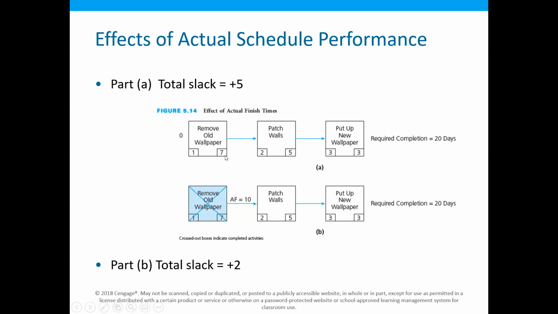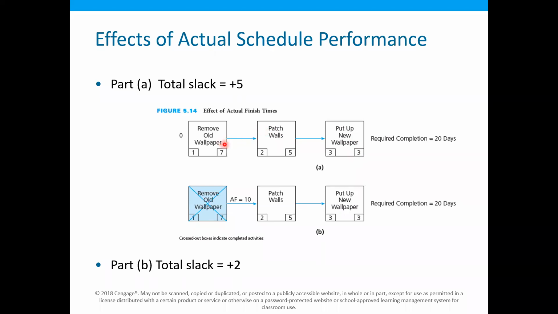However, if we perform these activities in succession, the first activity takes 7 days, the next activity takes 5 days, and the next activity takes 3 days. So in total it will take 15 days. So in this case, we can see that we have a total slack of 5 days.